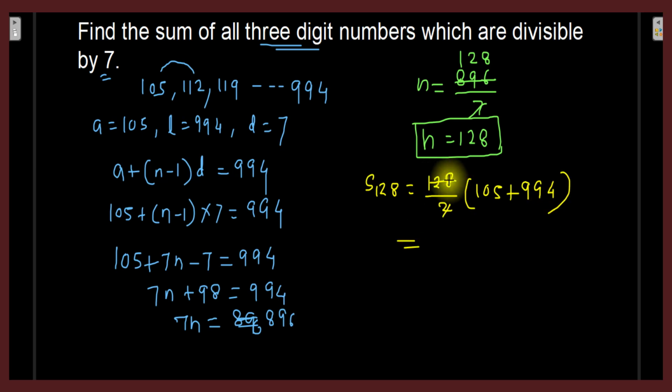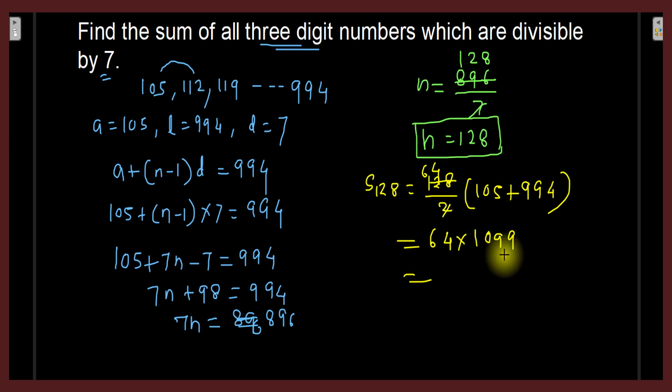So which is equal to 2 1s are 2, 2 6s are 12, 2 4s are 8. So 64 multiplied by 994 plus 105, that will be 1099. 5 and 4 9, 9 and 0 9, and 9 and 1 10.